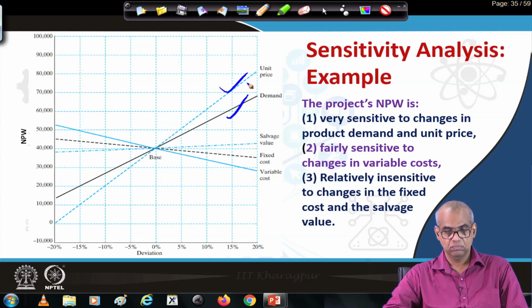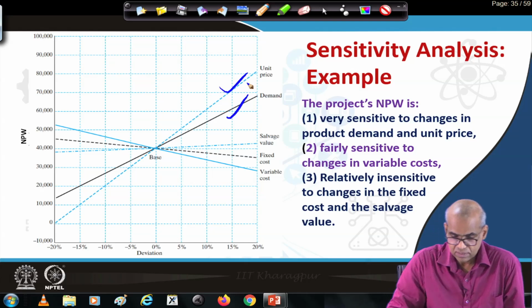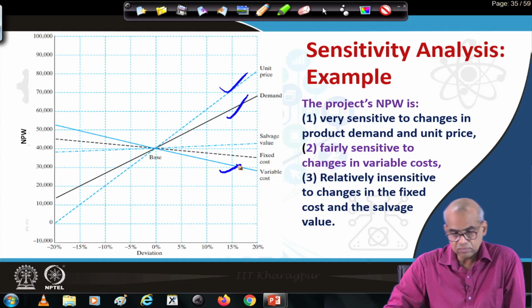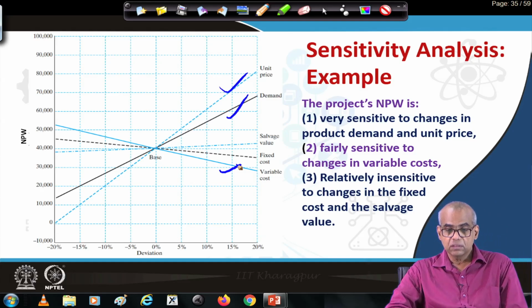Look at their high slope, whereas the variable cost is fairly sensitive, but not as sensitive as the unit price or demand factors. But if you look at salvage value or fixed cost, the net present value is relatively insensitive to changes in fixed cost or salvage value.